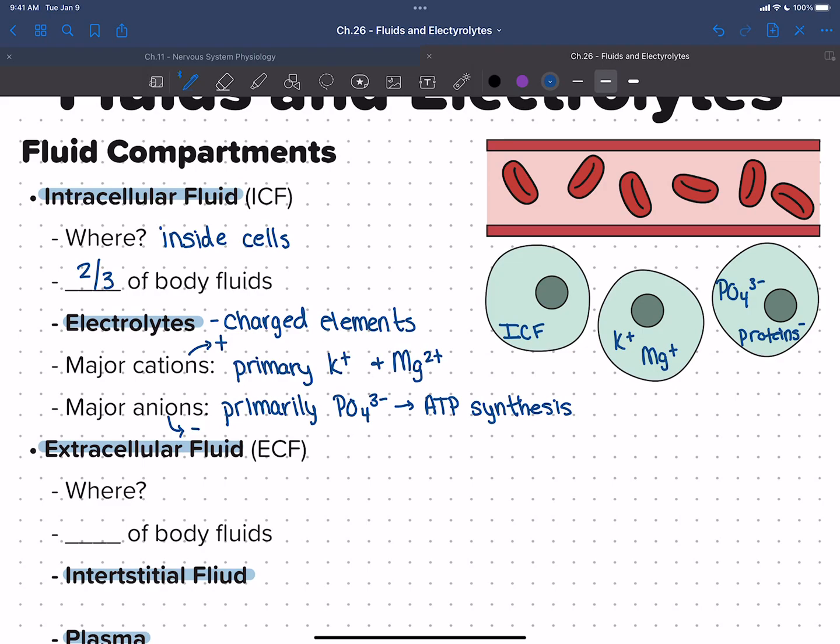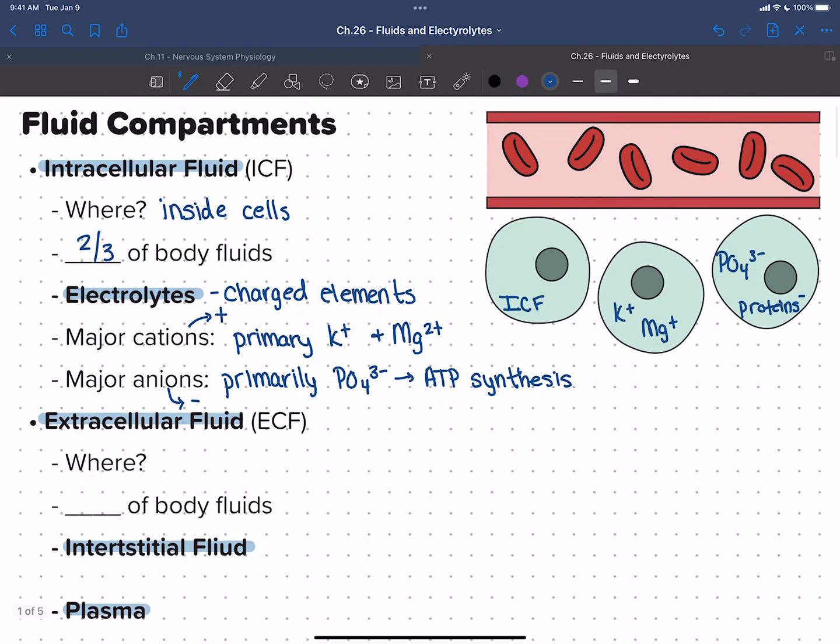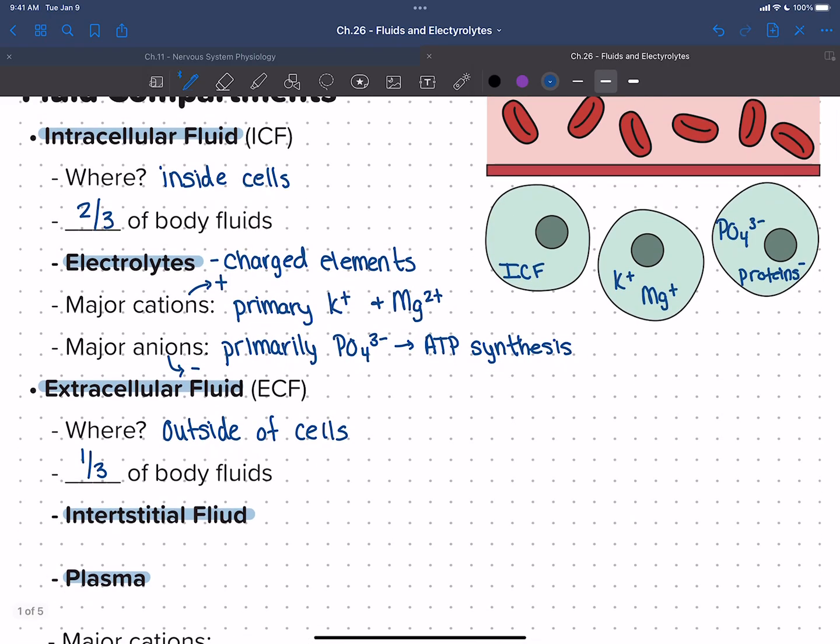Okay, so now let's talk about our extracellular fluid. Extracellular fluid covers everything that is outside of the cells, right? So where it is located is outside of the cells. And this is that remaining 1/3 of the body's fluids. But we can also further divide extracellular fluid into being either interstitial fluid or plasma, right?